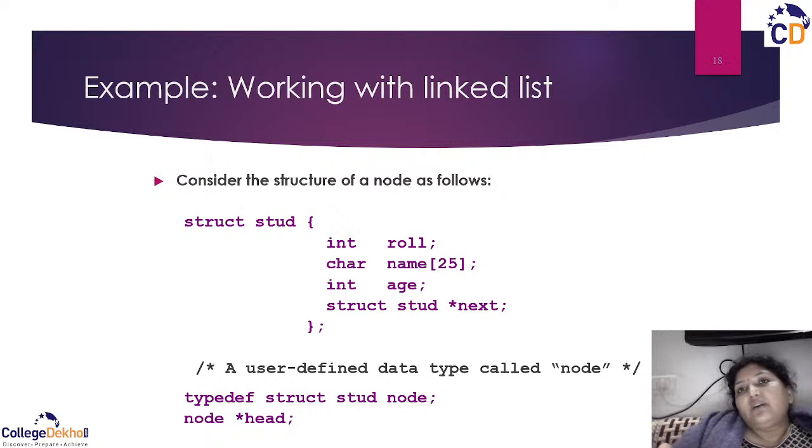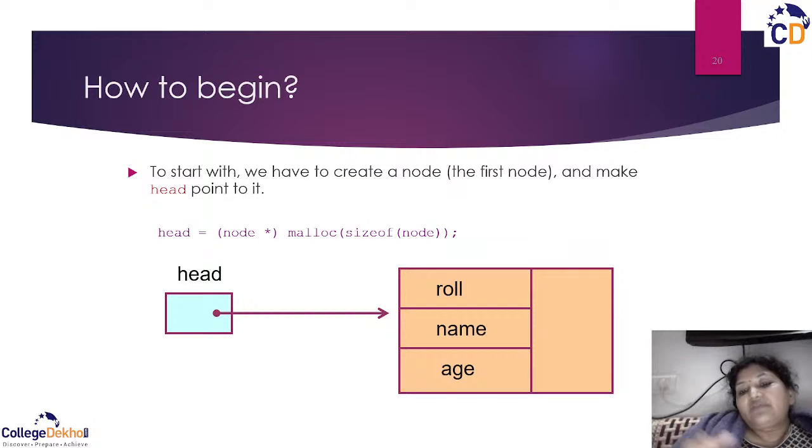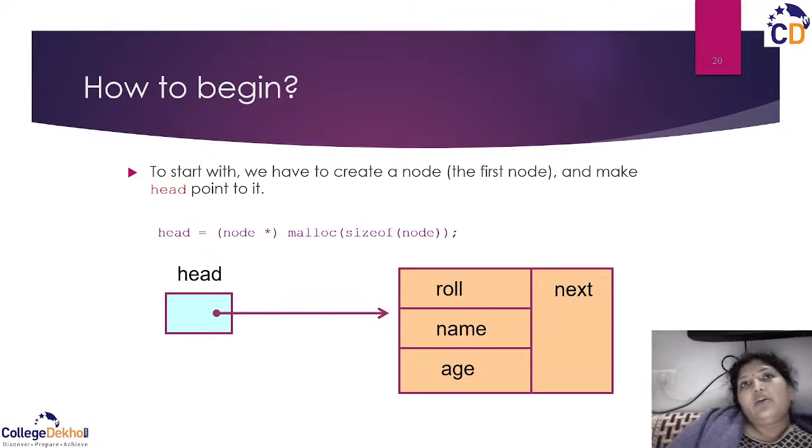It is a single linked list where one node contains three values: roll number, name, and age. And the next part holds the address of the next element. So this is how we define and use a linked list in a program, right?